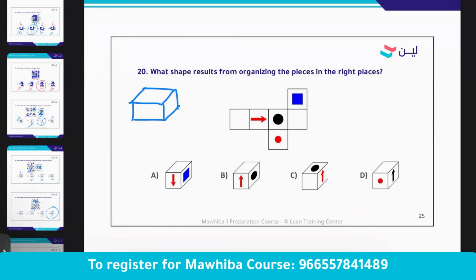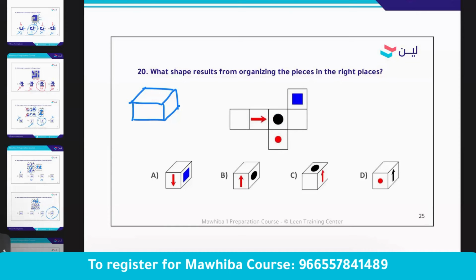Boys and girls, all you need to do over here is pay attention to details. It seems that always, if I see the black circle, there will be an arrow that points towards it.